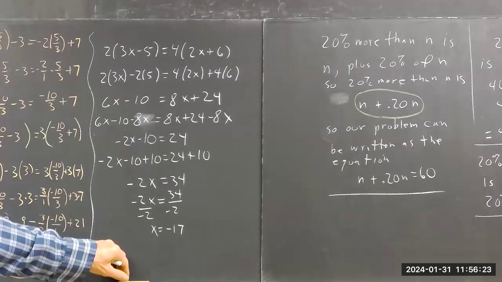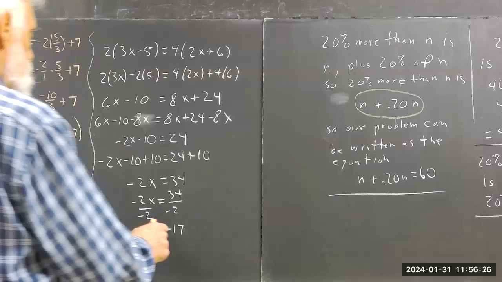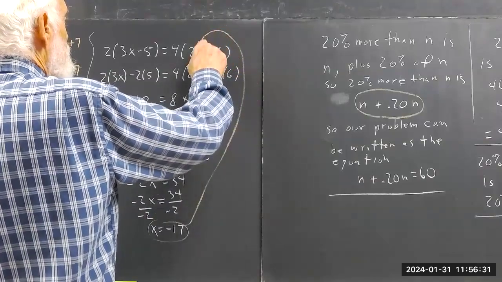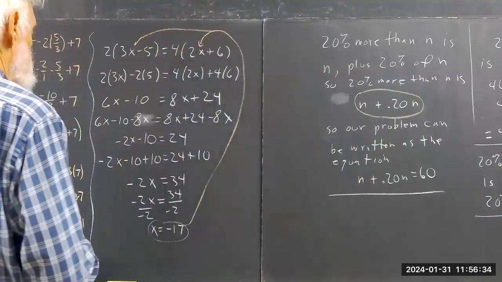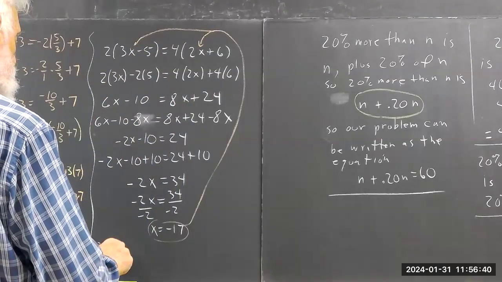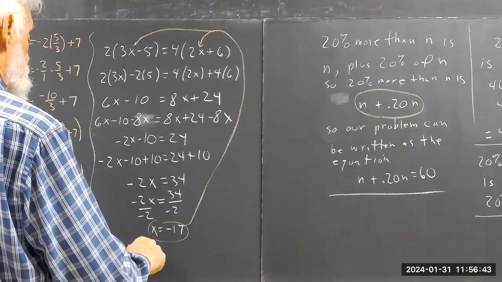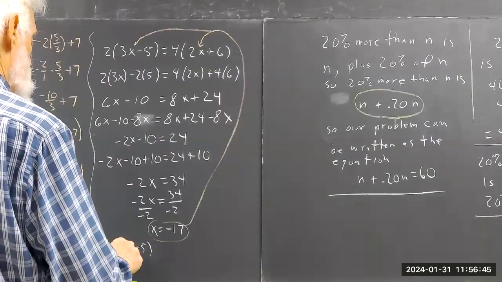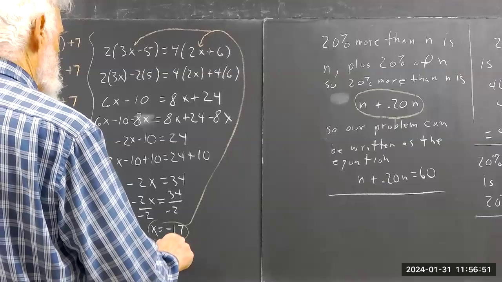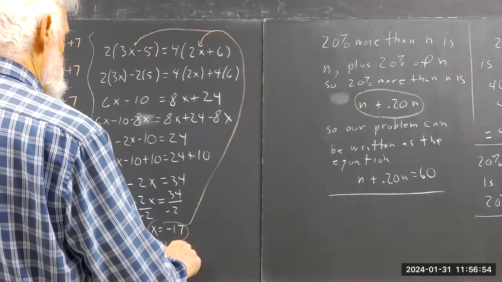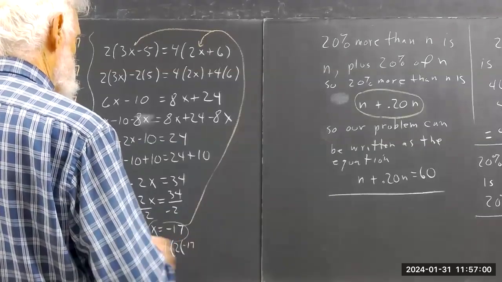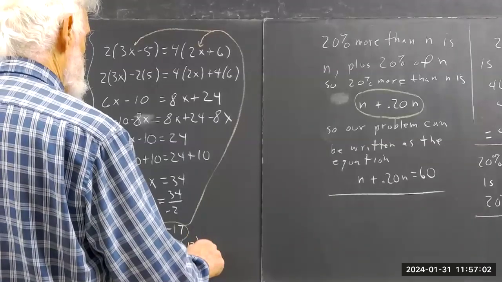Now, if I plug in negative 17, I get 2 times 3 times negative 17 minus 5 equals 4 times 2 times negative 17 plus 6. How do I simplify this?